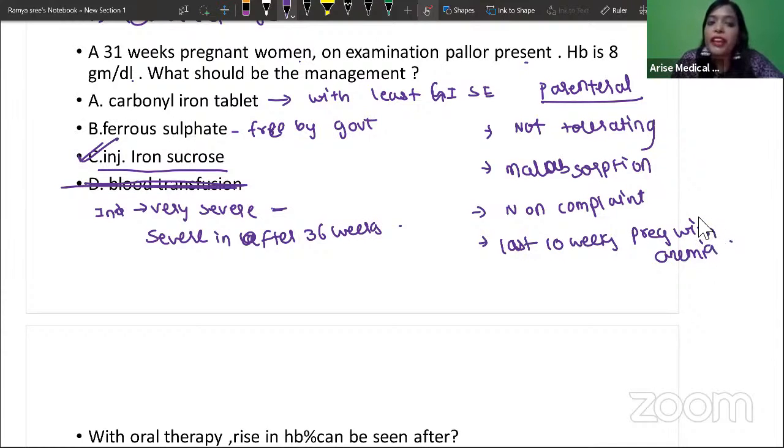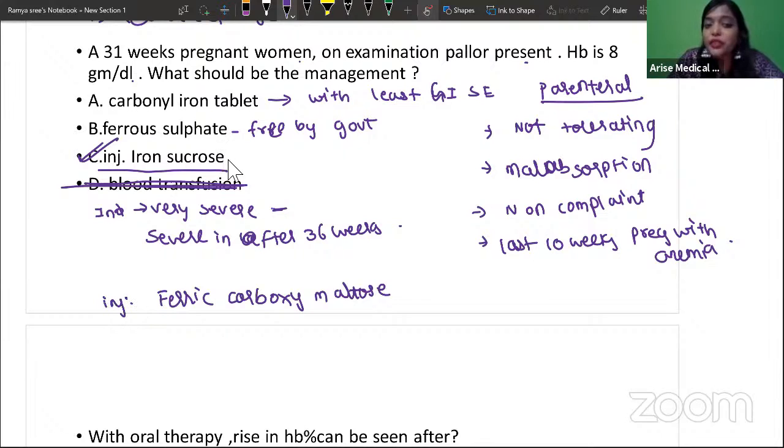Okay. And in parenteral, we have outdated iron sorbitol and iron dextran. In trend are iron sucrose and ferric carboxymaltose. Ferric carboxymaltose is the star, FCM is running in full swing now. I think you all would have heard of FCM. Why has it become a hero?